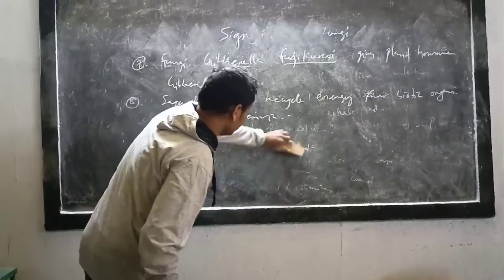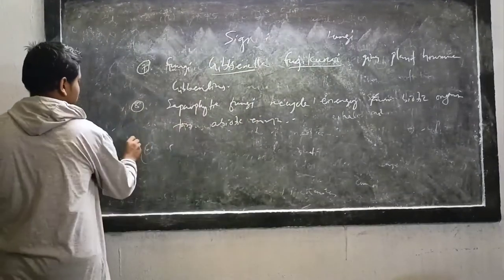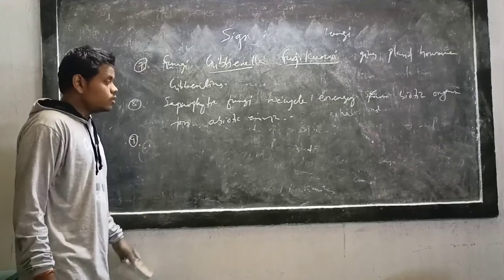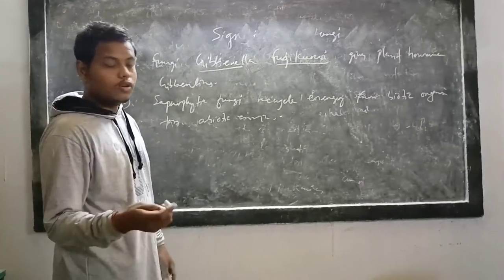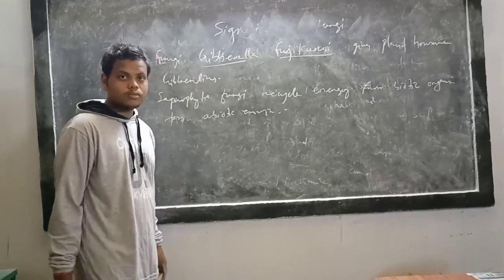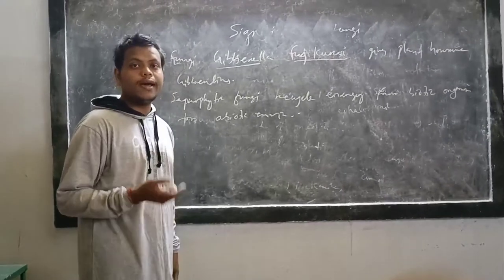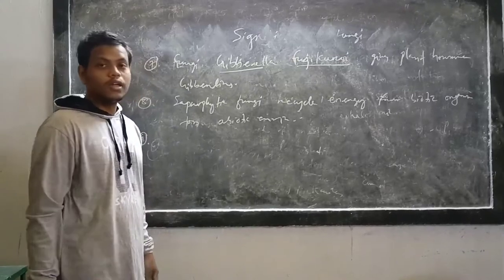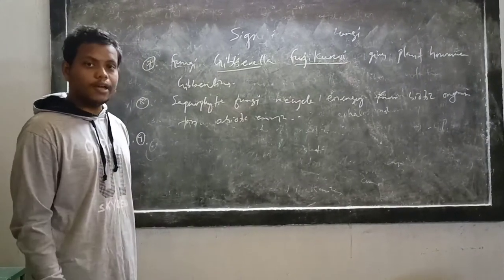Then the ninth point: as I said earlier, fungi are useful for edible purposes because they contain a high amount of protein. Apart from protein, they also contain vitamin B complex and riboflavin.